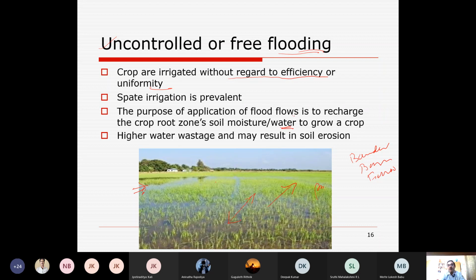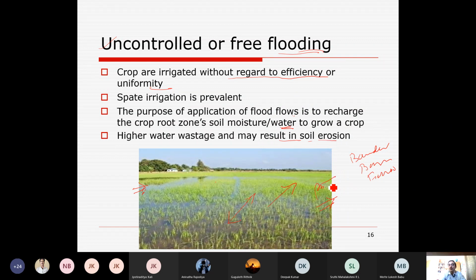Usually in India, rice is grown during the monsoon season, and there is excess water everywhere. Canals are supplying, so we just cut the field so that supply is uncontrolled and it is flooding everywhere. So higher water wastage may result, and that may result in soil erosion.